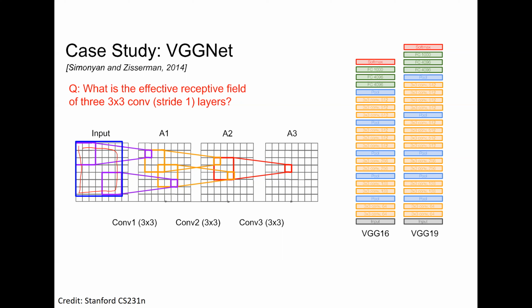Therefore, this single pixel depends on these pixels: 1, 2, 3, 4, 5, 6, 7. It has a 7x7 receptive field. And by stacking 3x3 convolution layers, we can achieve a 7x7 receptive field.